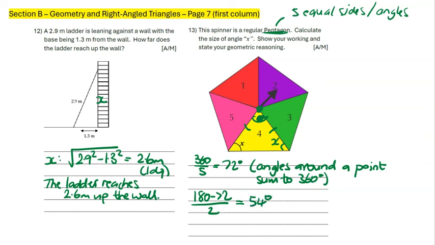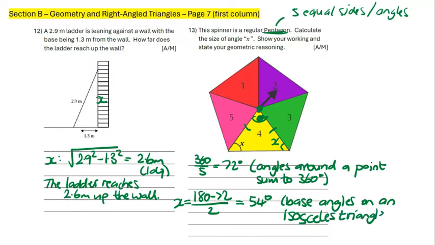So that means angle x is equal to 54 degrees because, and the last one we need to justify too, that's because the base angles of an isosceles triangle are equal. So base angles of an isosceles triangle are equal to each other.